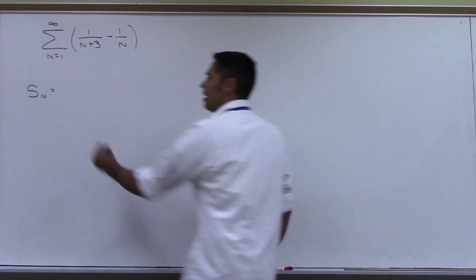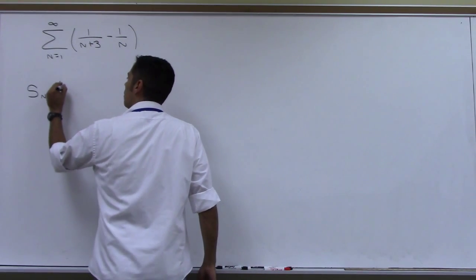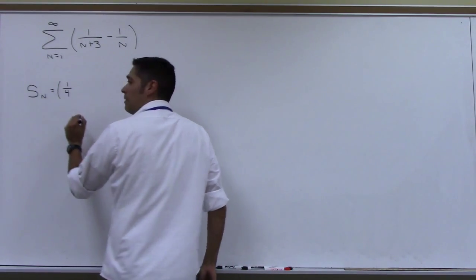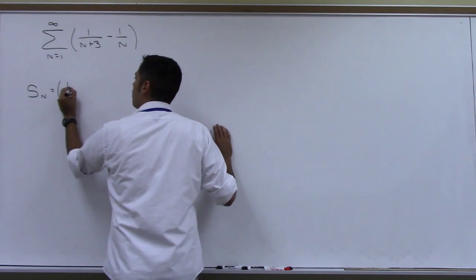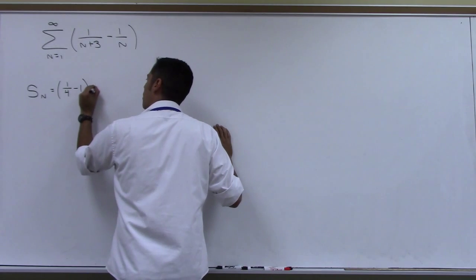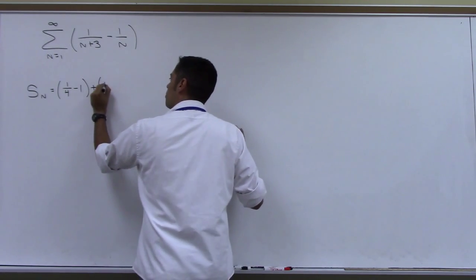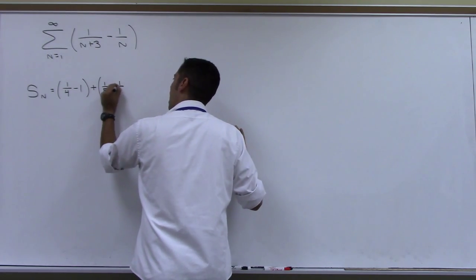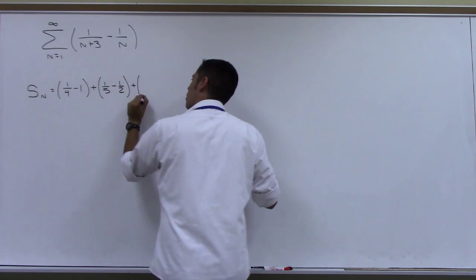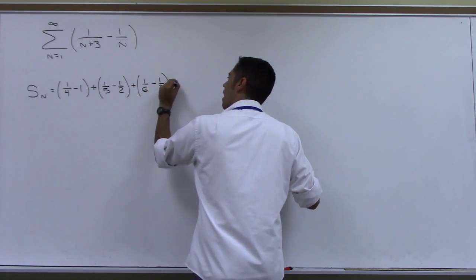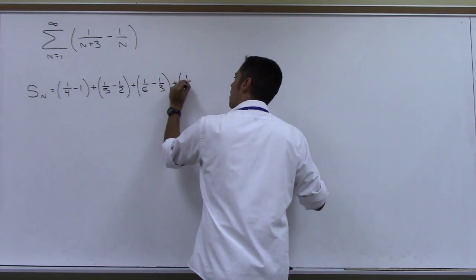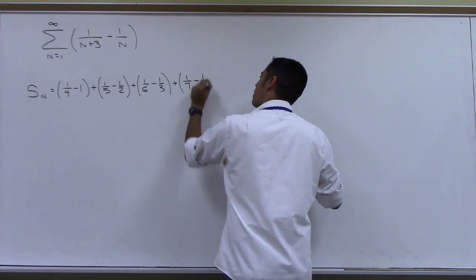So we already said the first thing I would get was 1/4. Notice I'm writing very small because I'm going to go pretty far, okay? I'm going to go 1/4 minus 1 plus the next one was 1/5 minus 1/2 plus the next one was 1/6 minus 1/3 and then plus 1/7 minus 1/4.